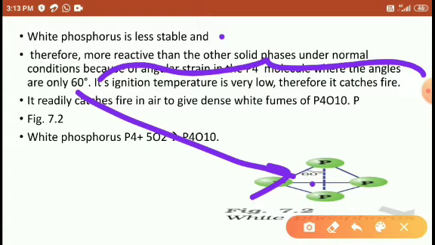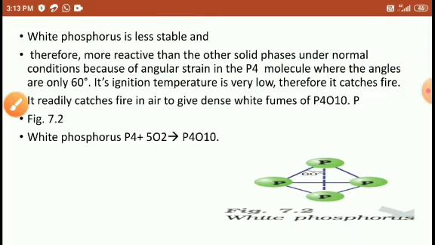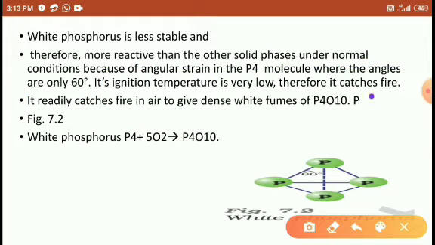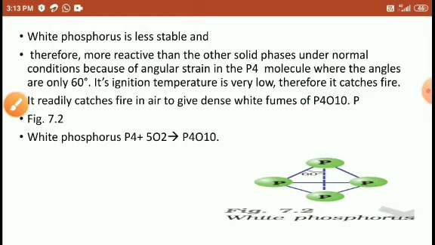At a very low temperature, it starts to ignite, so it catches fire easily and gives dense fumes. When phosphorus burns in the presence of air, it forms P4O10, phosphorus pentoxide.